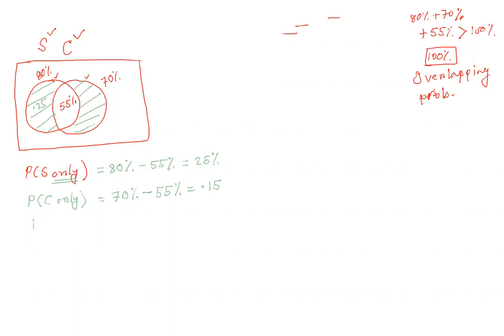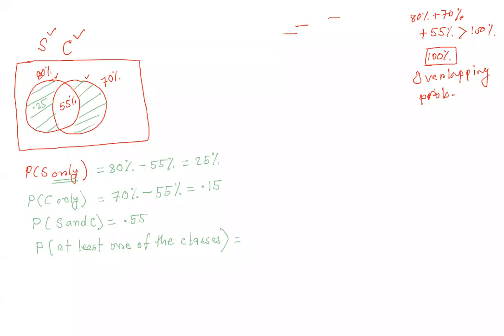Now, what is the probability that a student passes statistics and chemistry? That's pretty easy, that's given in the problem, 55% or 0.55. All right. Next, what is the probability that a student passes at least one of the classes? This one is a little bit tricky.